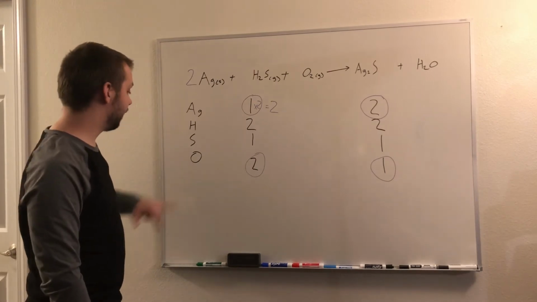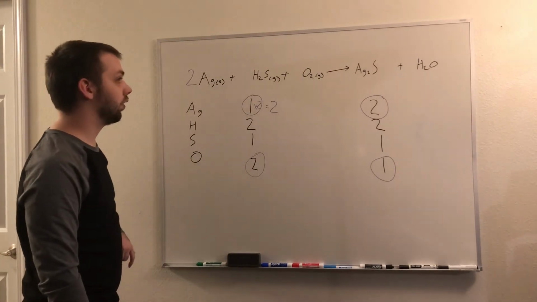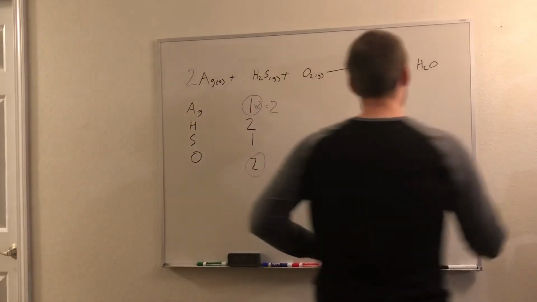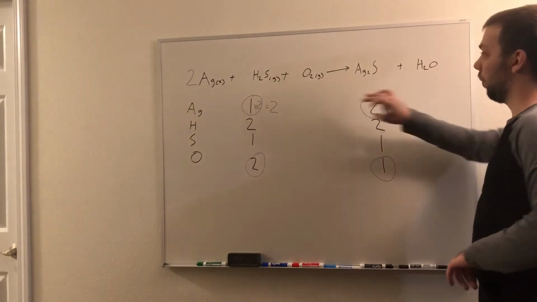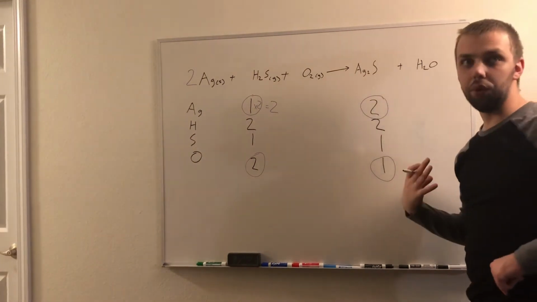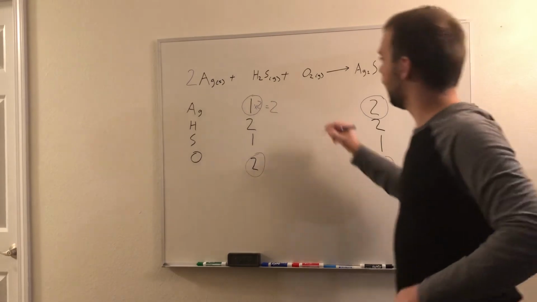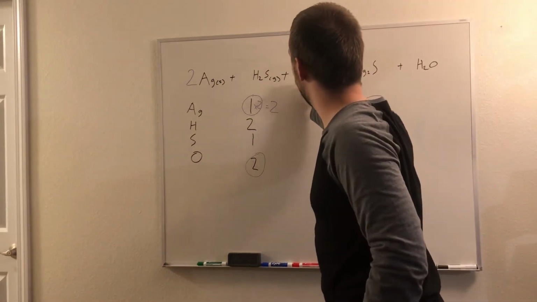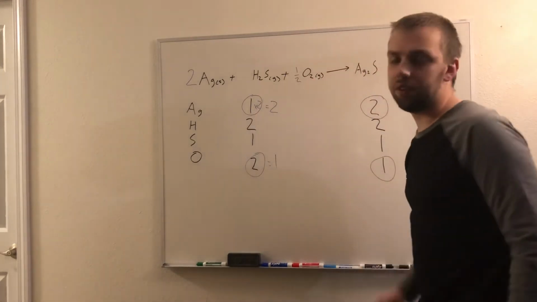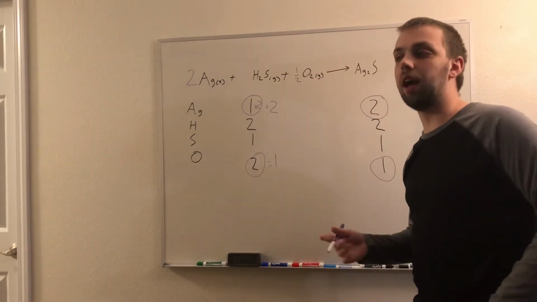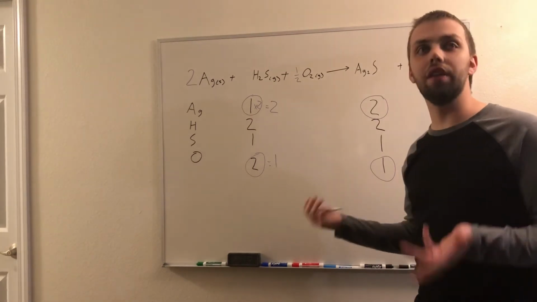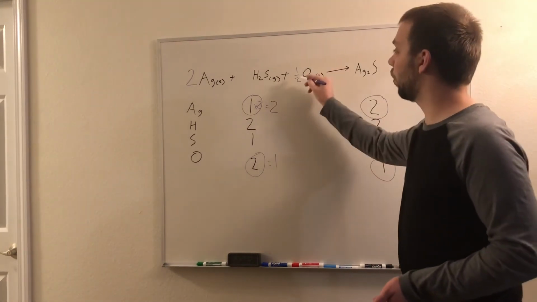Now we have to take care of this oxygen here. This might be a little more tricky because we have 1 oxygen here and we have 2 oxygen here. What you can do is just say 1/2, and then that would make that 1. This works, but a lot of times, different textbooks and just the general convention is to use whole numbers.